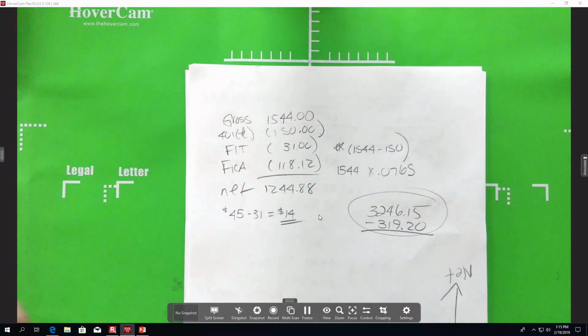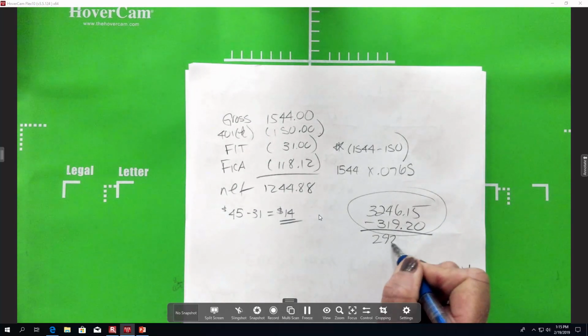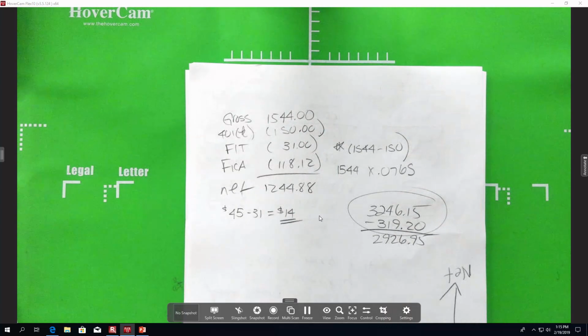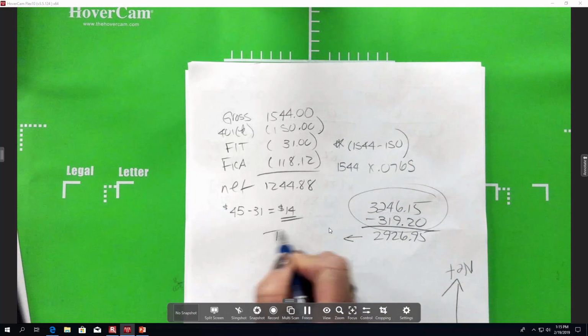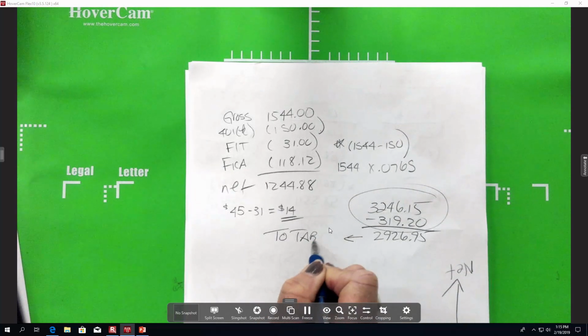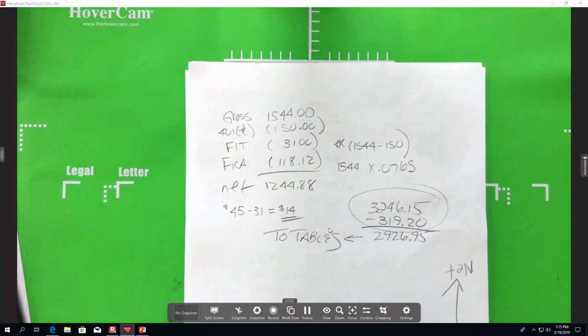The number I'm actually going to take to the tables is $2,926.95 to the tables. Okay? Everybody still with me? If you're not, raise your hand. Don't be shy. The one on T2, that's specifically, right?